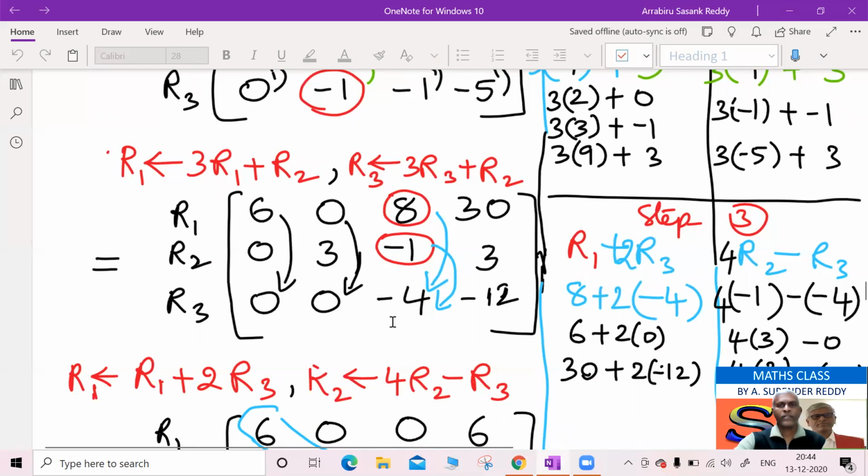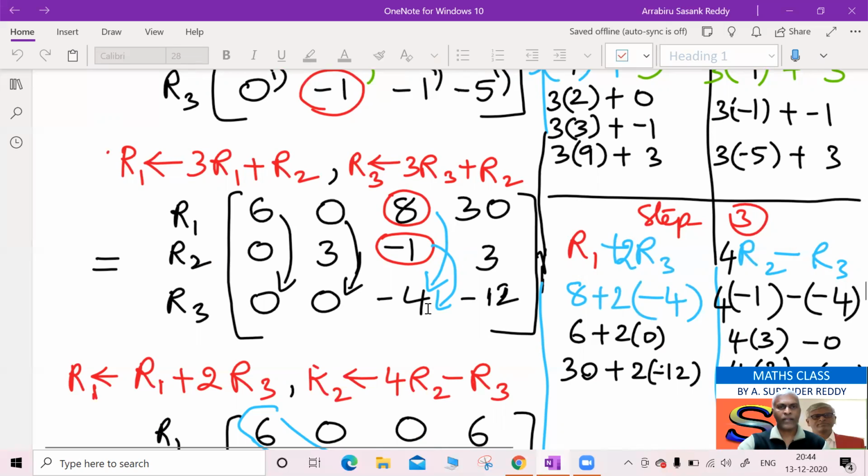So in the third step, third row, no change. We make use of third row elements while preparing the formula, that is, suitable row transformations. So we need to change 8 to 0 with the help of -4. That is R3.